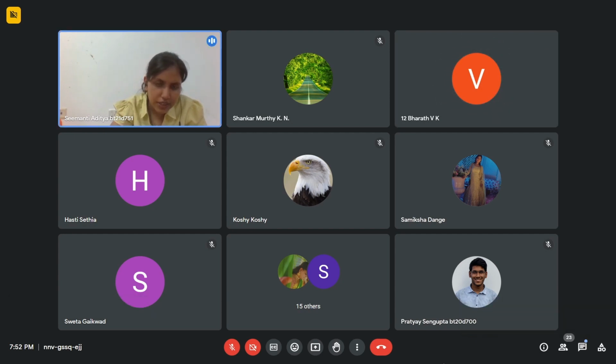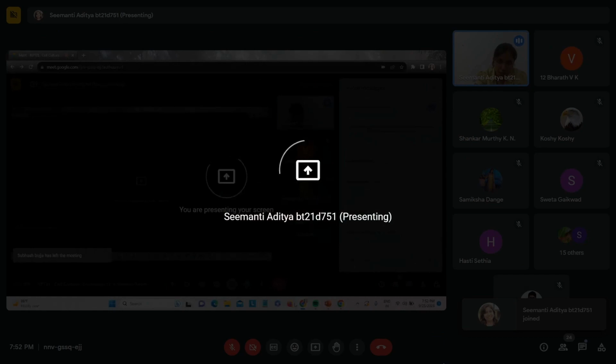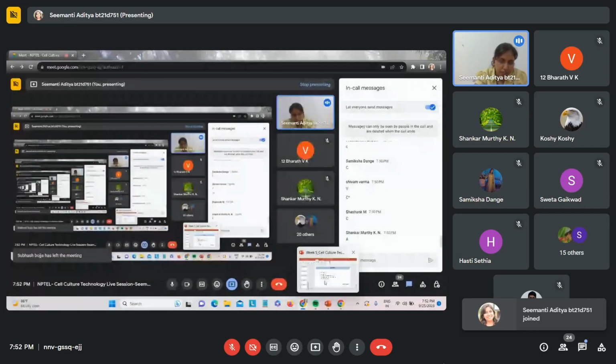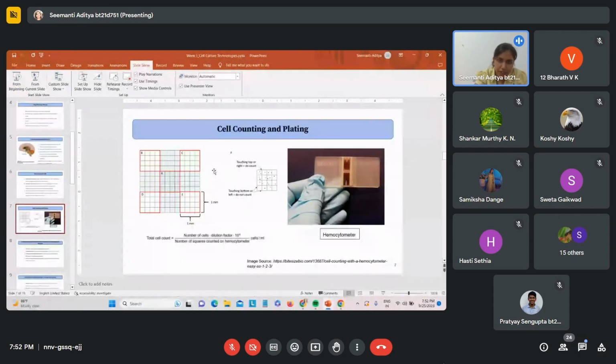So basically, let me share it again. The red boundary here, I have not put anything, because we didn't need to know the cells; they had already given the number of cells here. But if you had to actually count the cells, then ideally we should count cells which are on the top and on the right side, and not the cells which are on the bottom or on the left side.